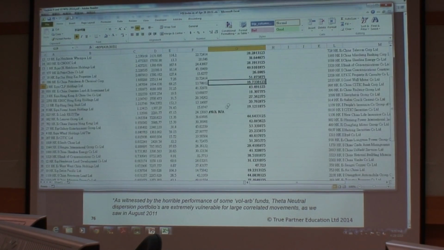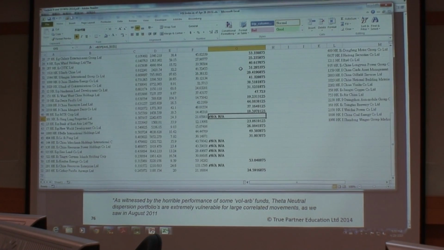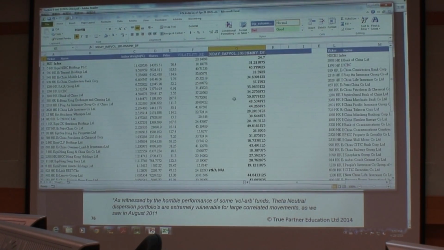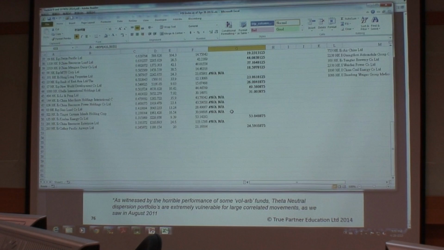You also see we get a problem, because the Link, Hang Lung Properties and some other small companies don't have implied volatility. How could that be? Well, most likely because they don't have listed options.